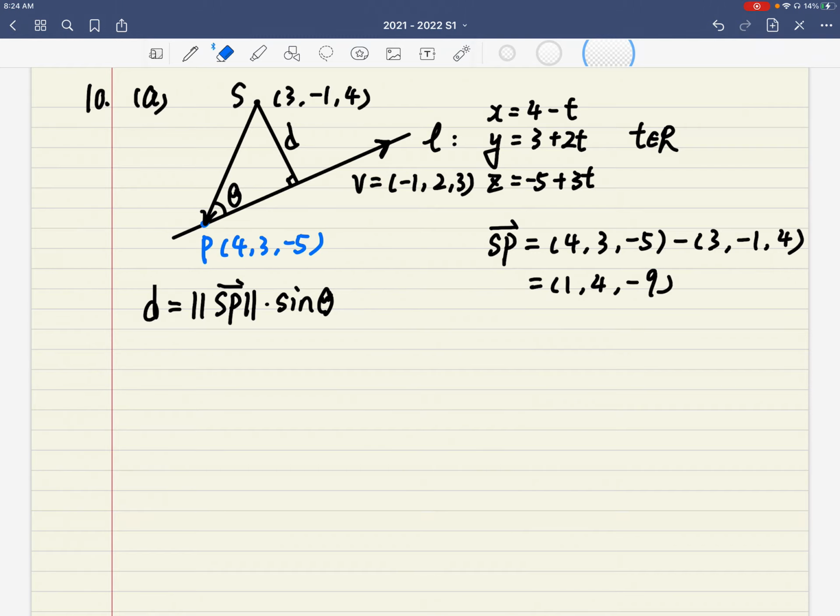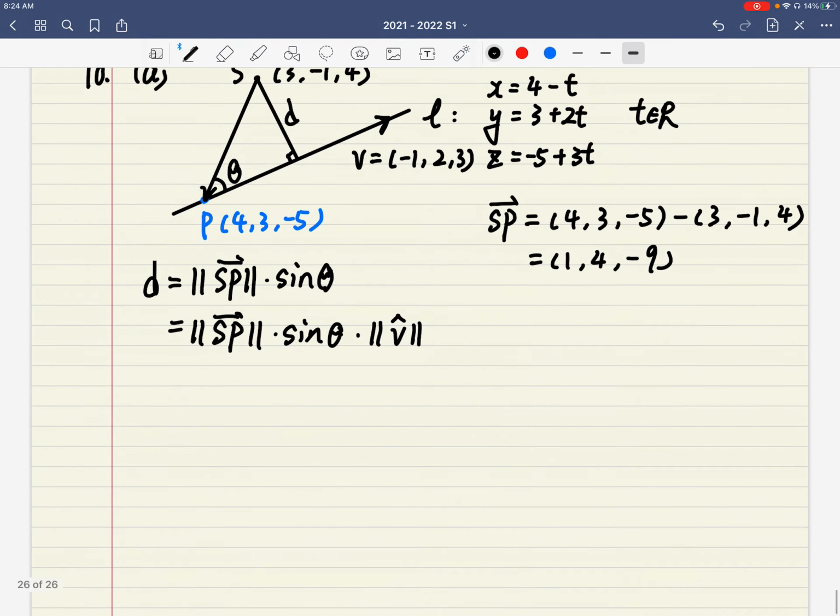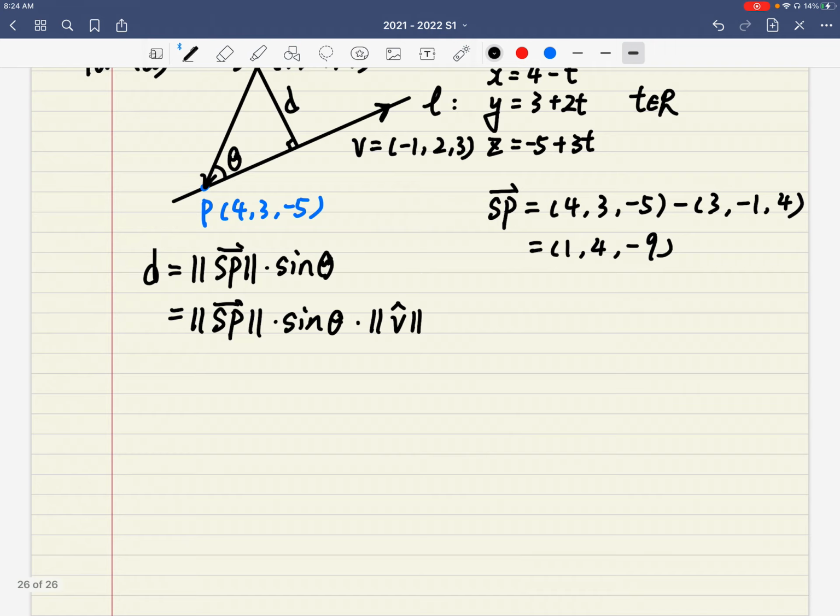Let me write one extra step: times the length of V hat. Then this should remind you of something.